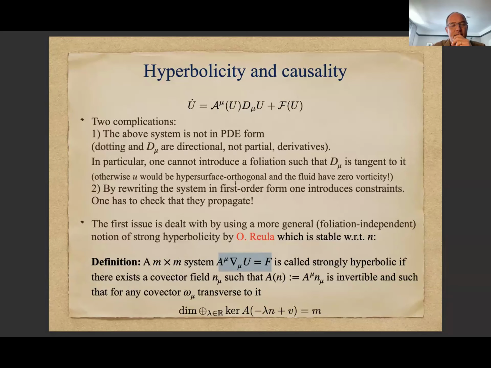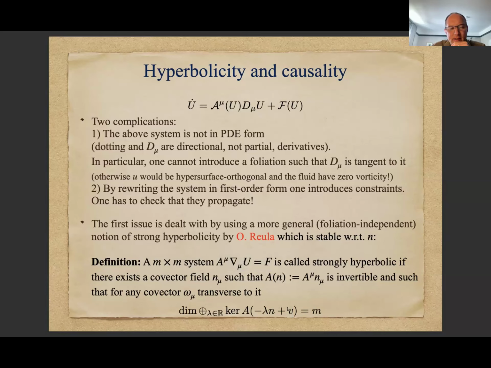This quasi-linear first-order system in space-time is called strongly hyperbolic if there exists a covector field n so that the principal symbol in the direction of this field is invertible, and such that for any covector omega transverse to n, you have this condition here. I'm sorry, this should be an omega and not a v.